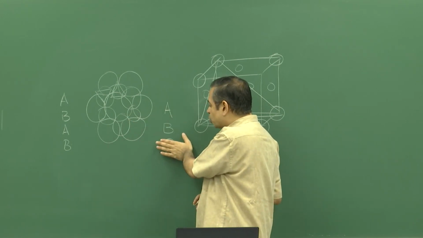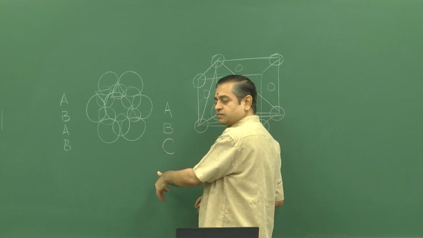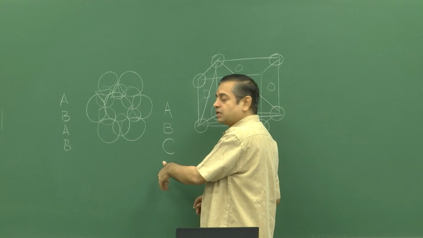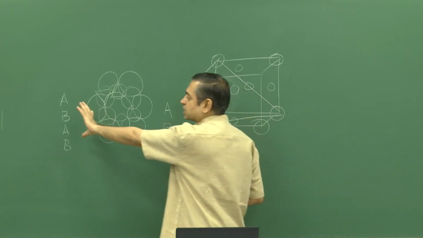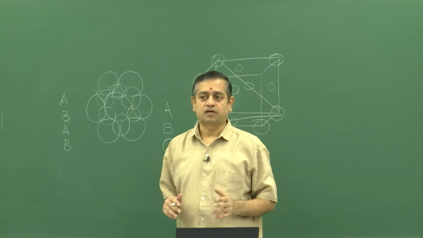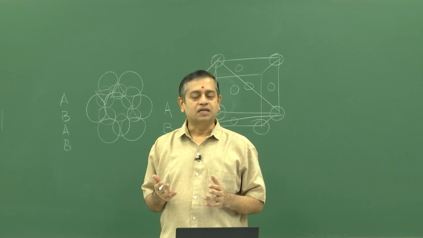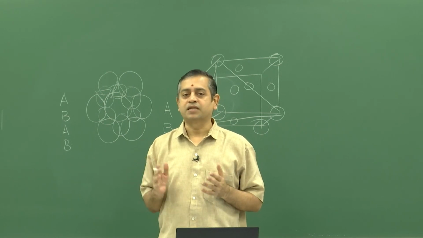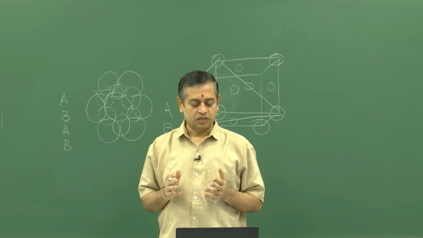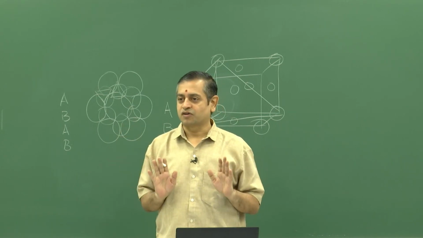That is because suppose the C is left out and then you start again, that region locally looks like an HCP region, that is a stacking fault. So, the stacking fault in FCC locally looks like an HCP region. Okay. So, for our purposes, this is what we mean by stacking fault.